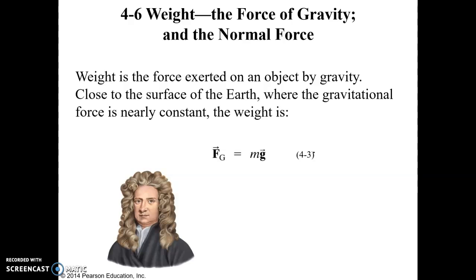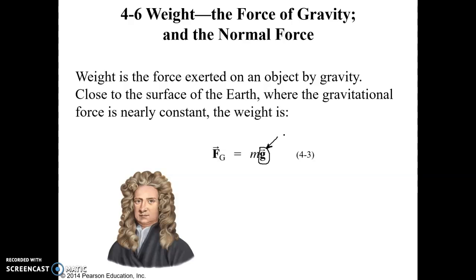So if force is equal to mass times acceleration, and we're specifically talking about weight, which is the force caused by gravity, we can substitute the generic a, which could be any kind of acceleration, with g. A little g, with the arrow over it indicating that it is a vector.